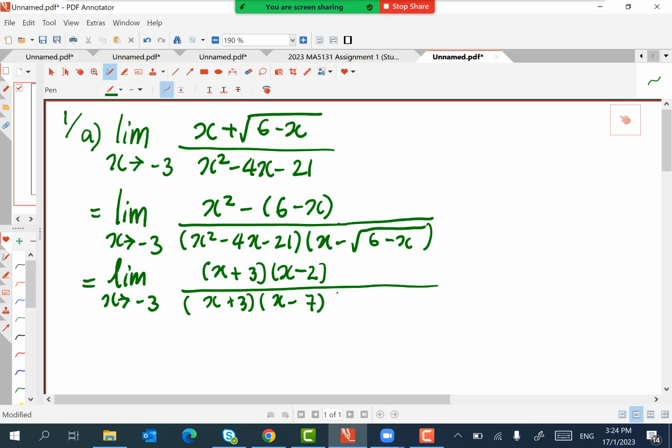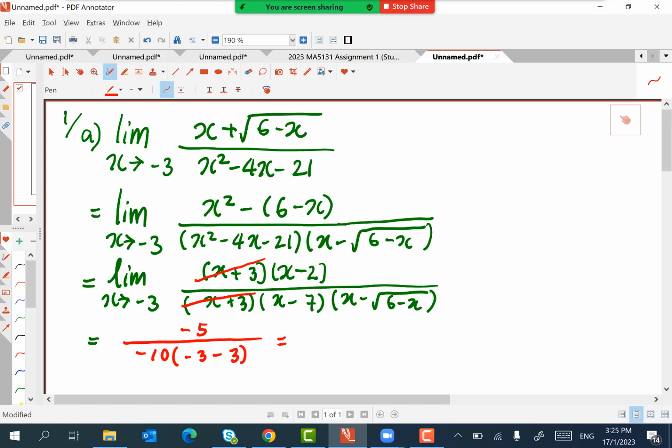And then this is going to be x minus 6 minus x. Of course, you can have cancellation here and here. Now you bring in x is minus 3, you get minus 5 over minus 10, minus 3 minus 3.